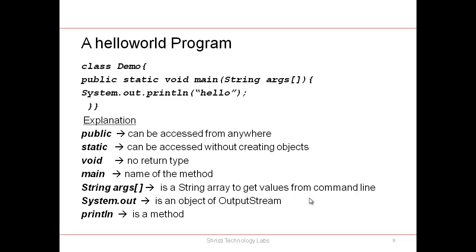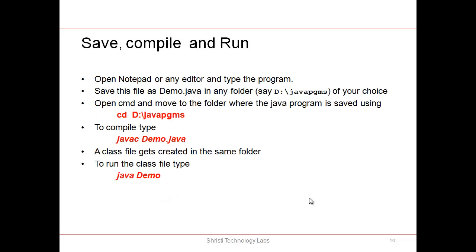This is the program. So, how to write, save, compile and run this Java program? You can open Notepad or any editor or Eclipse and type the program. Save this file as demo.java. Assume I am saving it in D Java programs. Open command prompt. Move to the folder where your Java program is saved. That is, you need to say cd d:/Java programs.